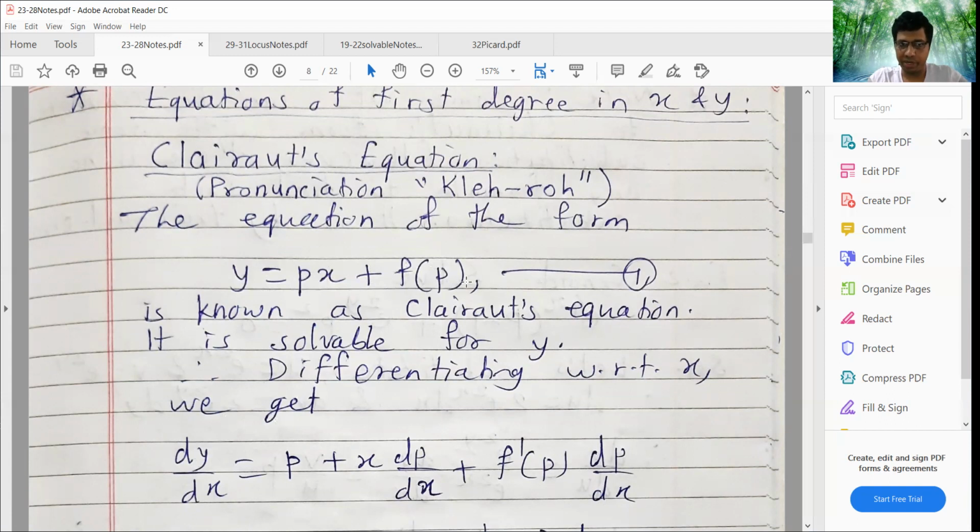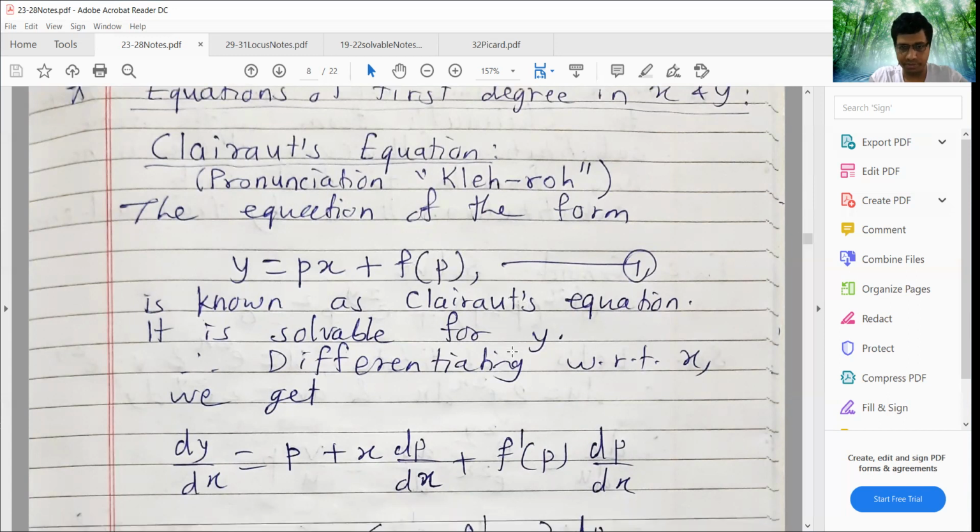Remember that a given differential equation need not look like Clairaut's form, but on simplification you may get Clairaut's equation. It should look like y equal to px plus some function of p, and your answer will be y equal to cx plus f of c. That's all.